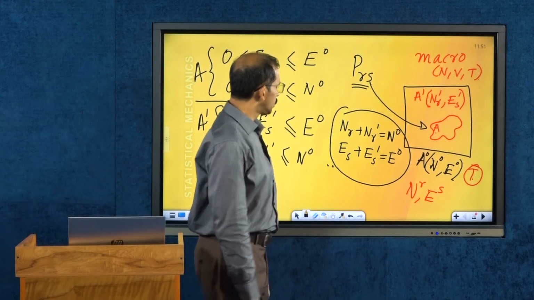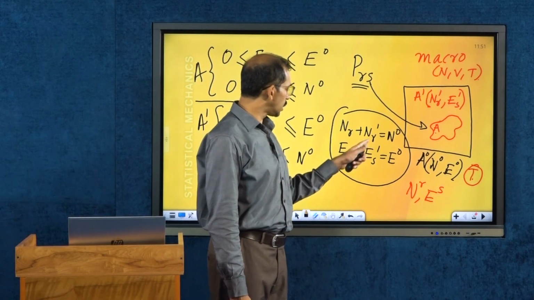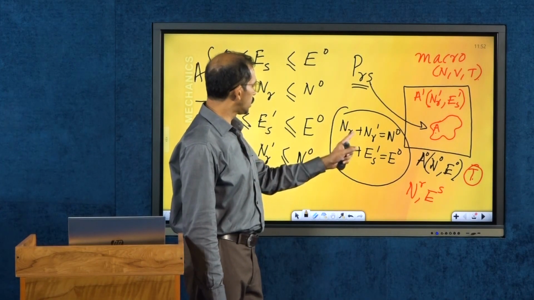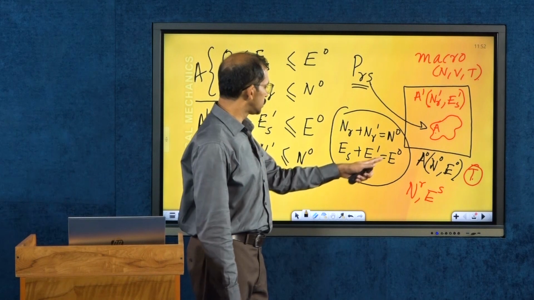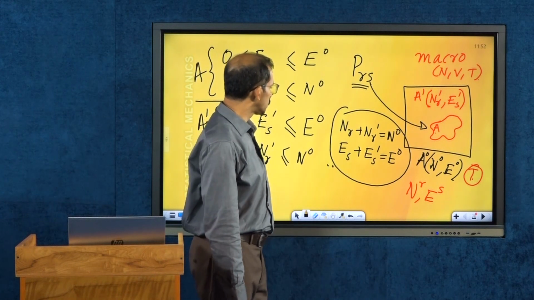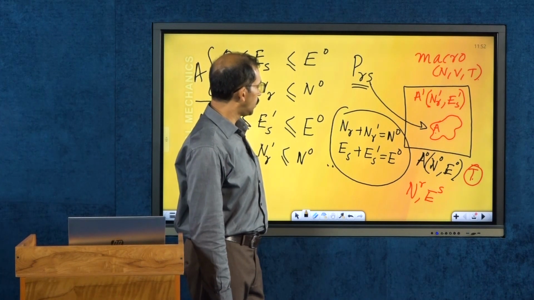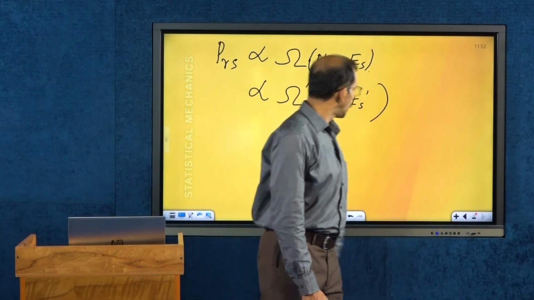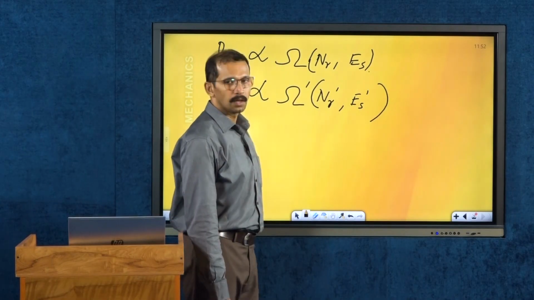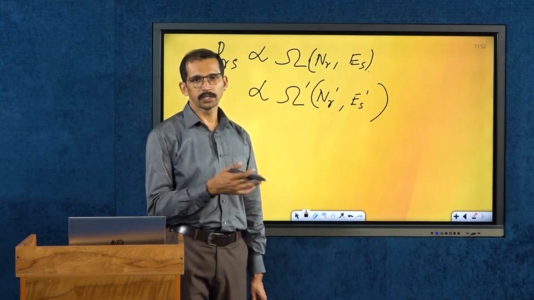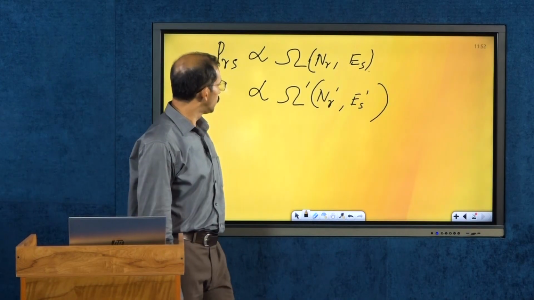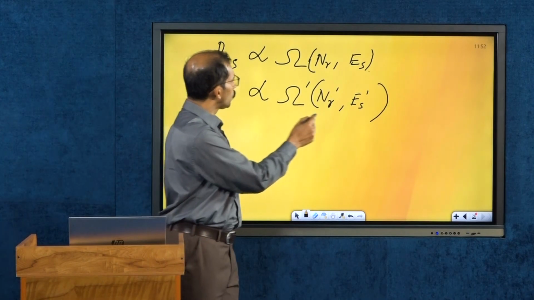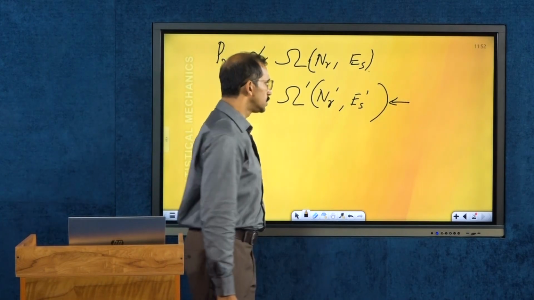So, I can always represent this N_R' in terms of N0 and N_R, because it is again a subtraction. N_R' is equal to N0 minus N_R, and E_S' is equal to E0 minus E_S. I am very safe to make such kinds of adjustments in this equation. All those things are equivalent. Now for P_RS we are going to take up this expression.